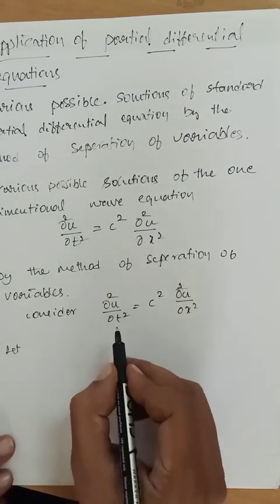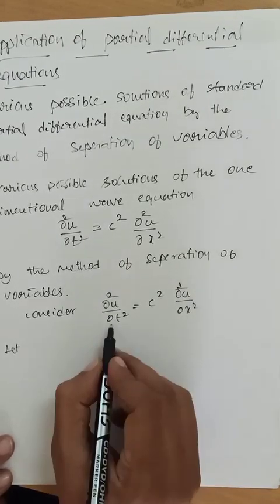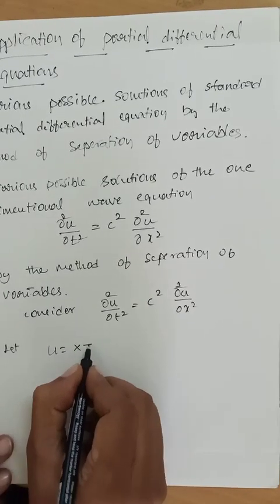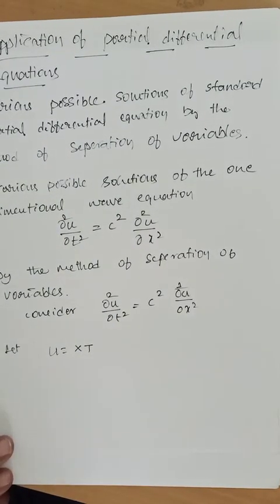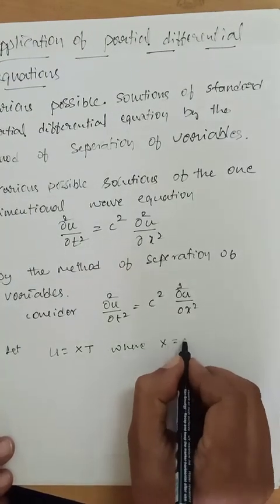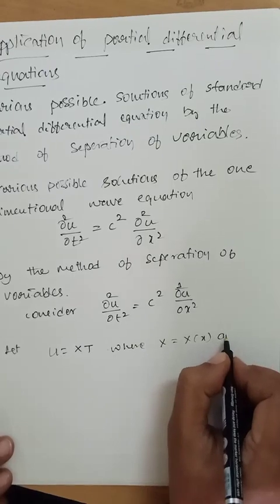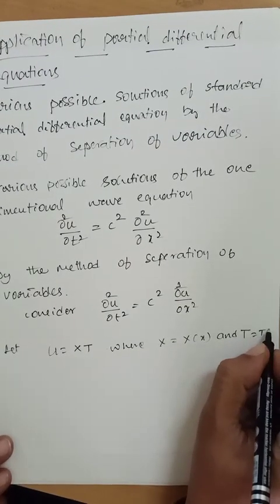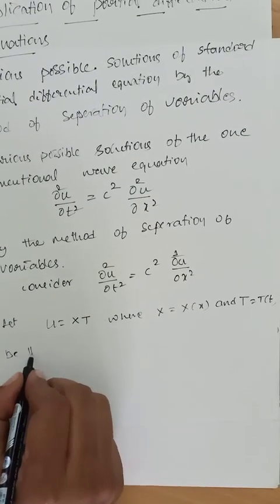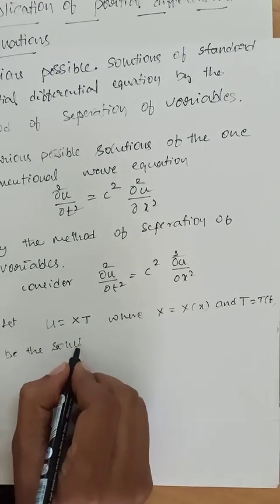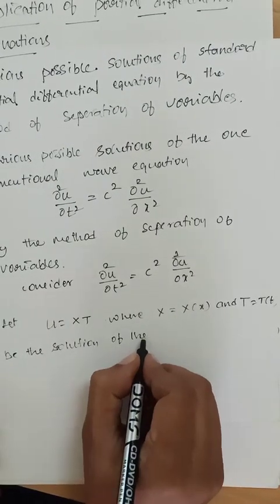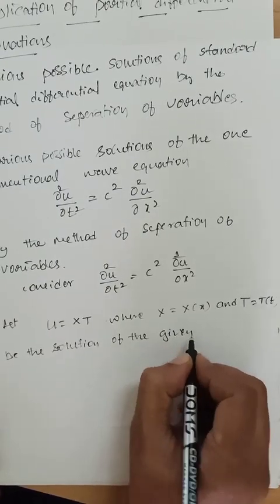Here u is dependent, and the independent variables are x and t. That is why you take u equal to capital X T. Recall the working rule. Let u equal to XT, where X means X of x and T means T of t, be the solution of the given PDE.